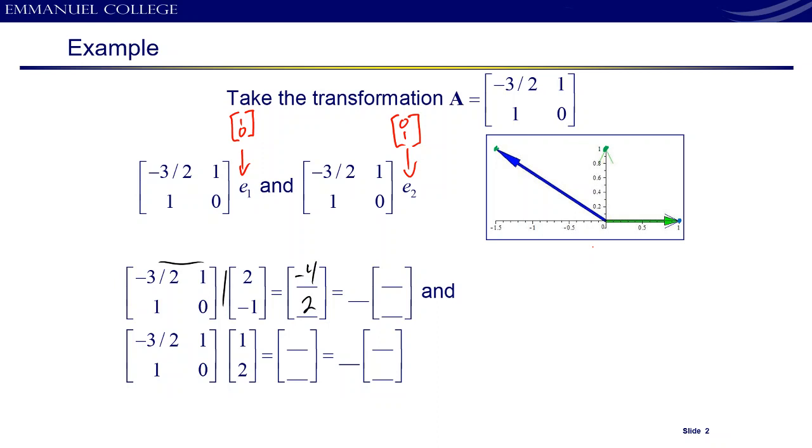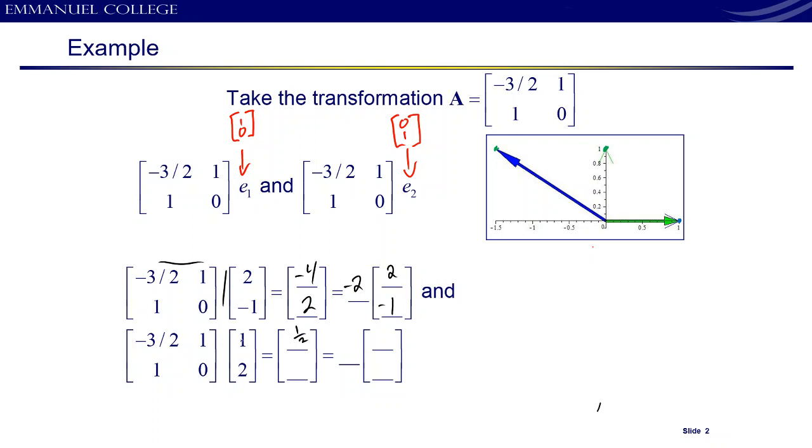Now, notice here, you could factor out a 2. But specifically, if I factor out a negative 2, then lo and behold, I get back the original vector that I had. Now let's try this with the second vector in the same transformation. Notice the transformation matrix is not changing here. Negative 3 halves times 1 is negative 3 halves, plus 2. So negative 3 over 2 plus 4 over 2 is 1 over 2.